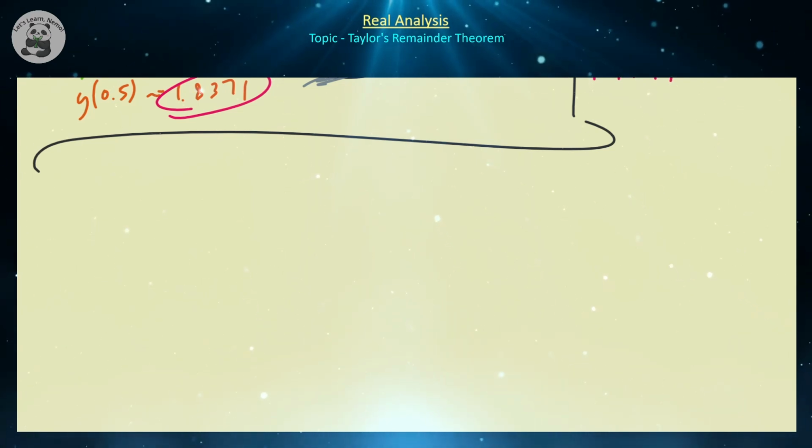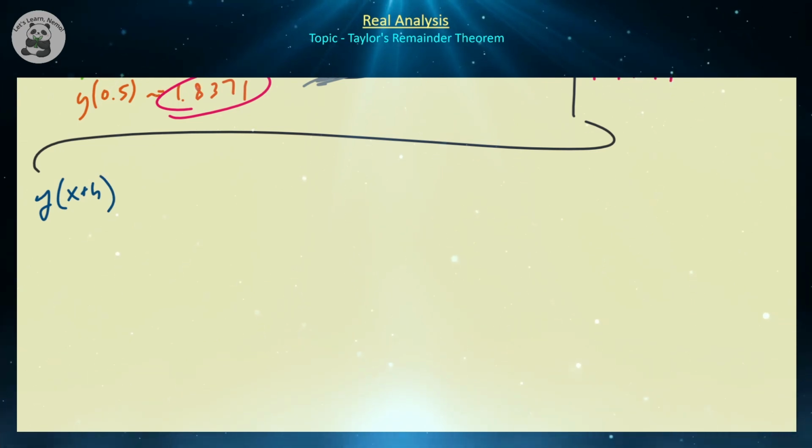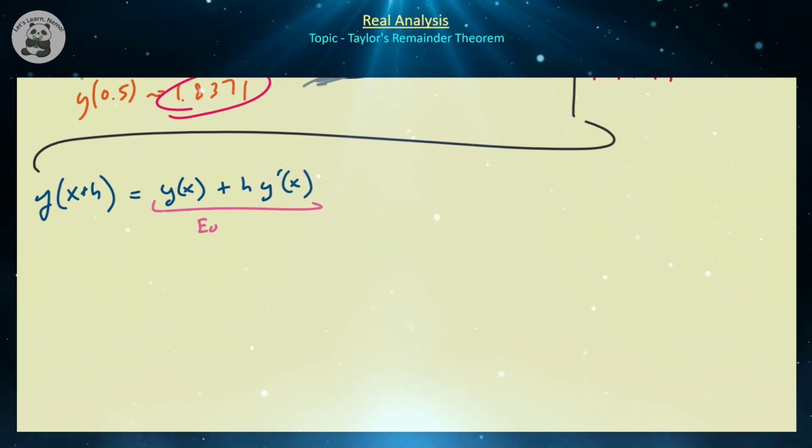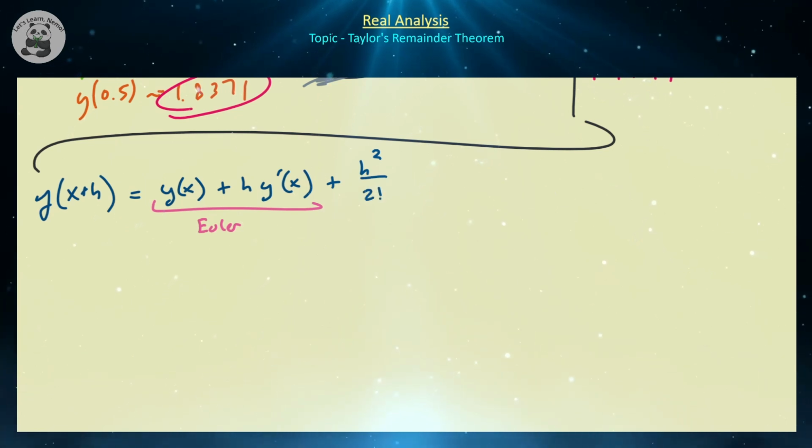So how can we make our Euler's method more exact without making our h closer and closer to 0? Let's go back to our Taylor series. So remember, y of x plus h is equal to y of x plus h times y prime of x. So right here is our Euler method approximation. Let's add another term to this: plus h squared divided by 2 factorial times y double prime of x.